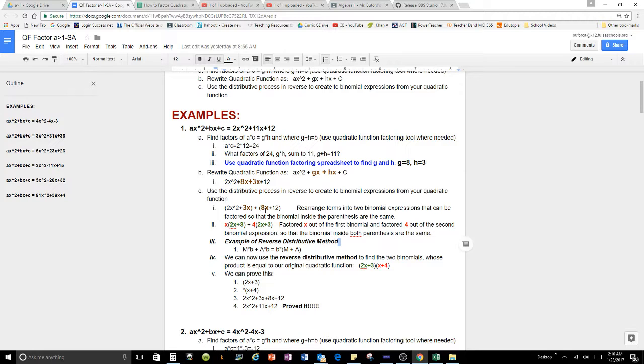And the reason we did that is because we could see that if we group it this way, it would allow us to, when we put them inside the parentheses and factor out whatever we can factor out, we grouped them this way so that when we decided to factor the x out here and factor the 4 out here, it's going to leave what's inside the parentheses the same in both of these terms.